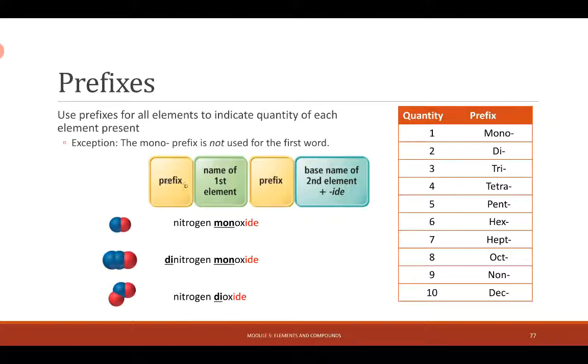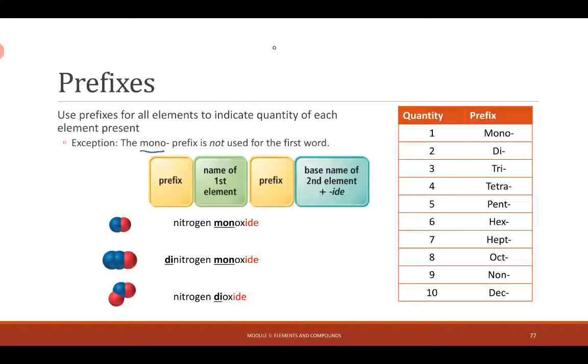Now, generally speaking, you put the prefix before the name of the first element and then a prefix before the name of the second element. The only exception is the mono prefix for the first element. The mono prefix for the first element is never used.